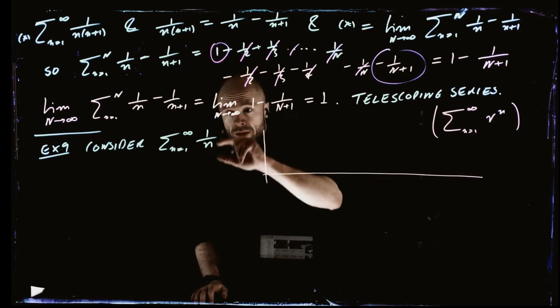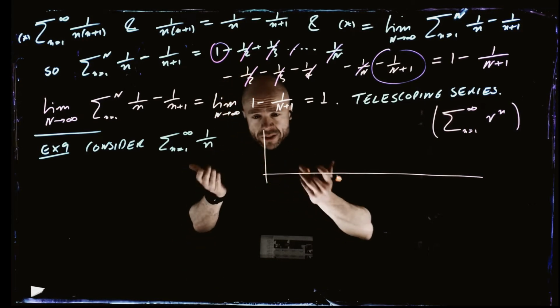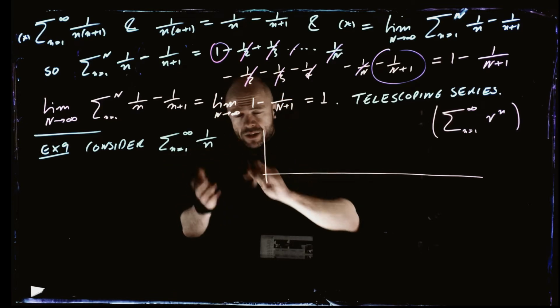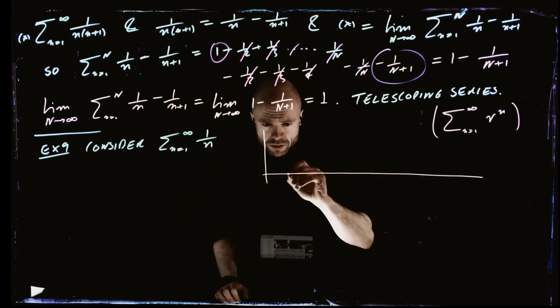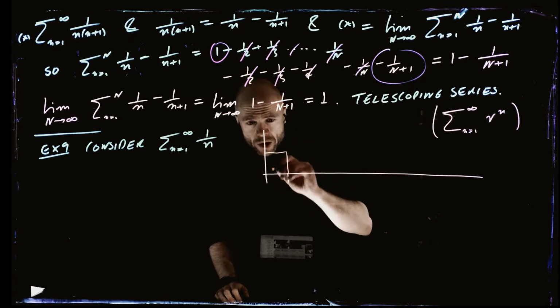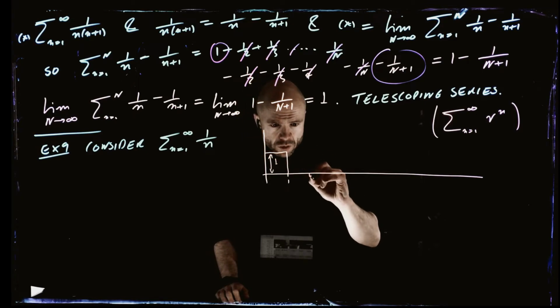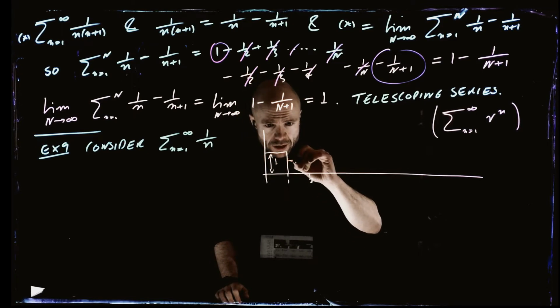If we consider the sum of all these guys, this is how we started to talk about series. We can think about this as the area of all these blocks. The first block is from 0 to 1, and it's got height 1. The next block is from 1 to 2, and it's got height 1/2.